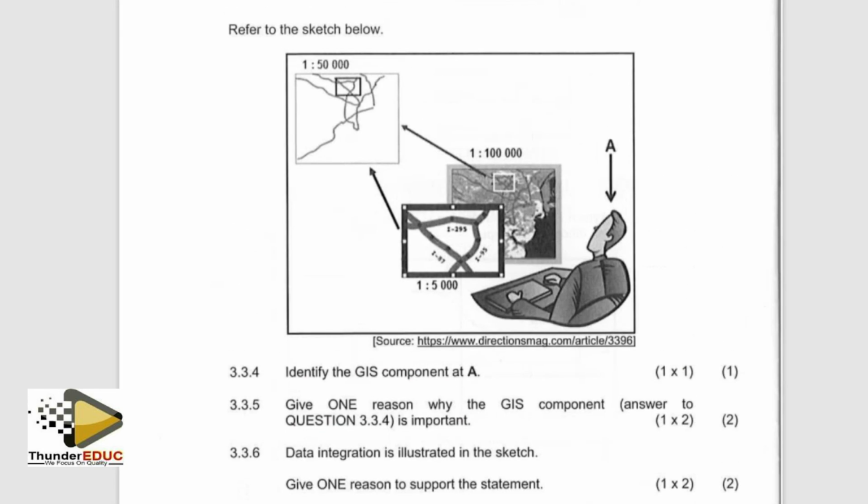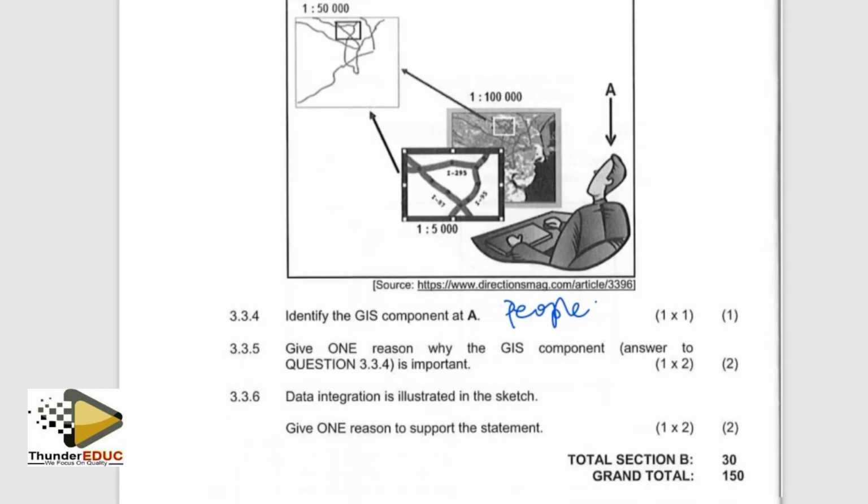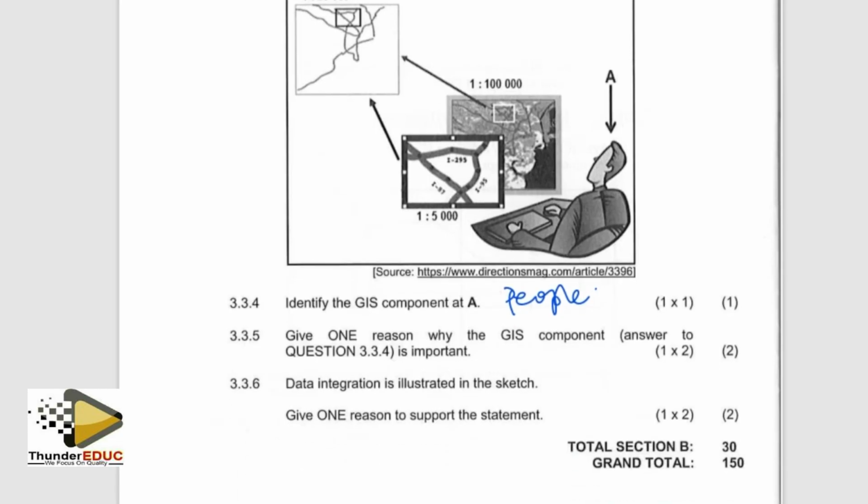Okay, the last section of the paper says, identify the GIS component A. Where is A? A is here, and we call it people. Okay, the component is people. It's an individual, a GIS specialist. People, person, or GIS specialist, whatever.